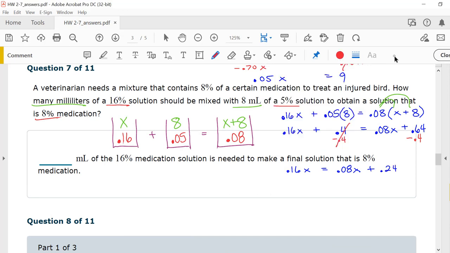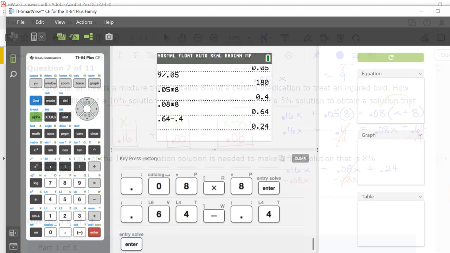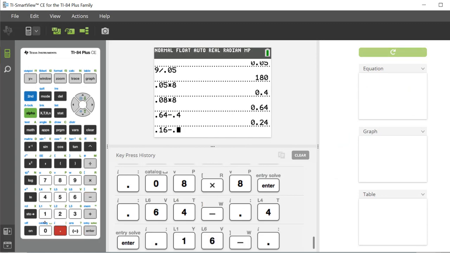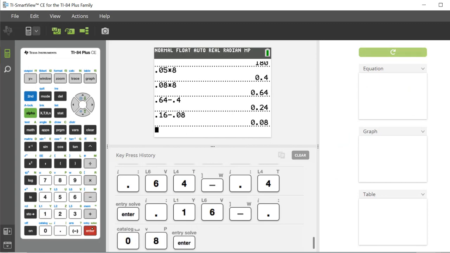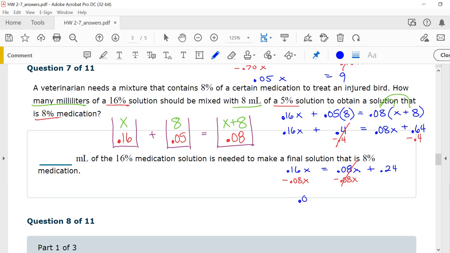Subtracting 0.08x from both sides, 0.16x minus 0.08x leaves me with 0.08x, and that's supposed to equal 0.24.